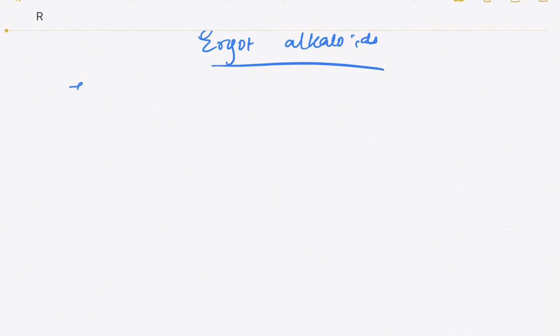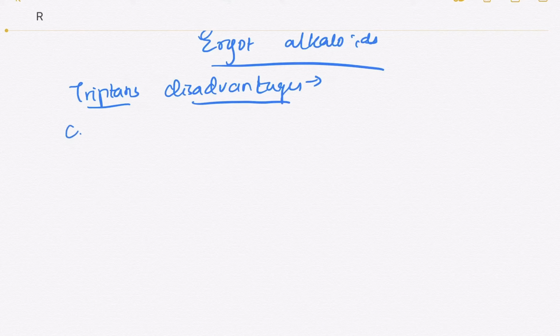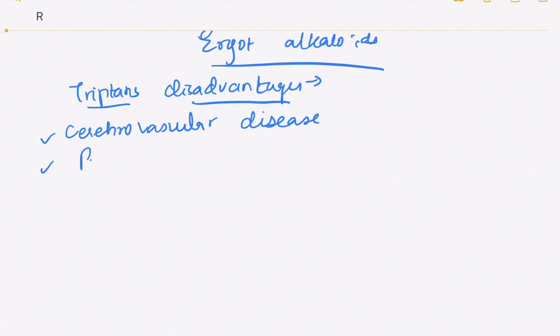Now you need to remember certain triptans disadvantages. Okay, so remember, triptans cannot be given in a cerebrovascular disease, like a patient of previous MI is coming to you with migraine, then you cannot give triptans. Okay, then you can also not give triptan in a pregnant lady.